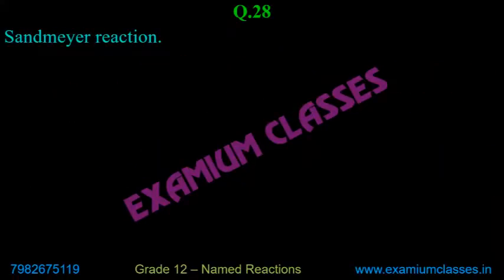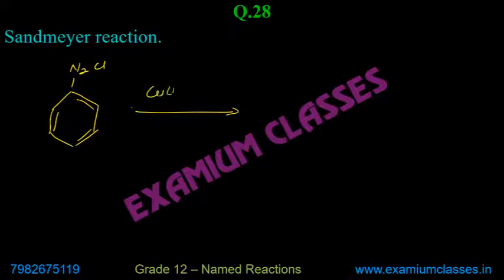Okay, next Sandmeyer reaction. It's very easy, right? From the diazonium salt you produce halogen compounds. So, for example, you have N2Cl and you heat.